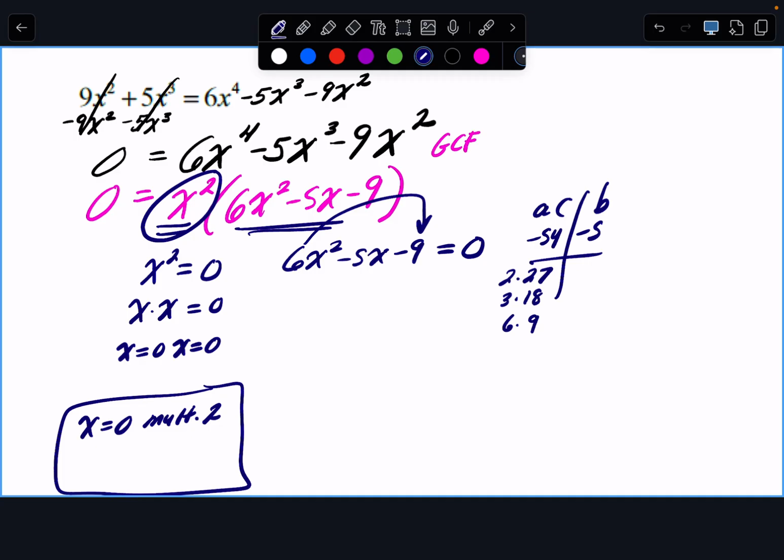And then I did 54 divided by 7, it's a decimal. 54 divided by 8, it's a decimal. 54 divided by 9 is 6. Haven't we already listed that? Which means since we've ended up back where we've already listed, we've listed all possibilities. None of them add up to be negative 5.